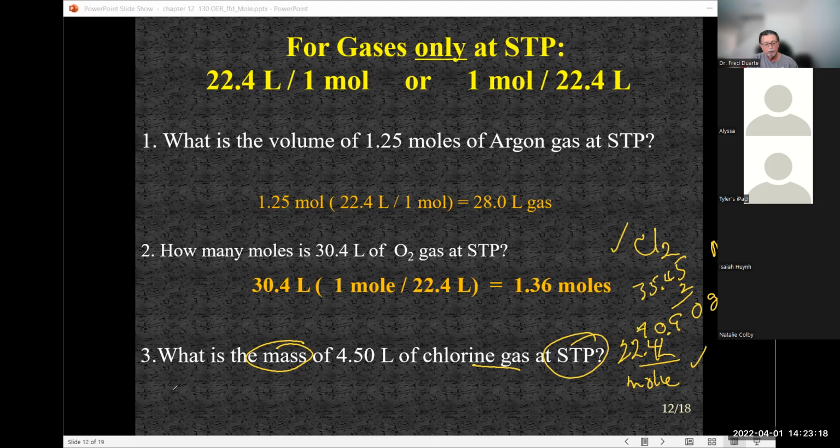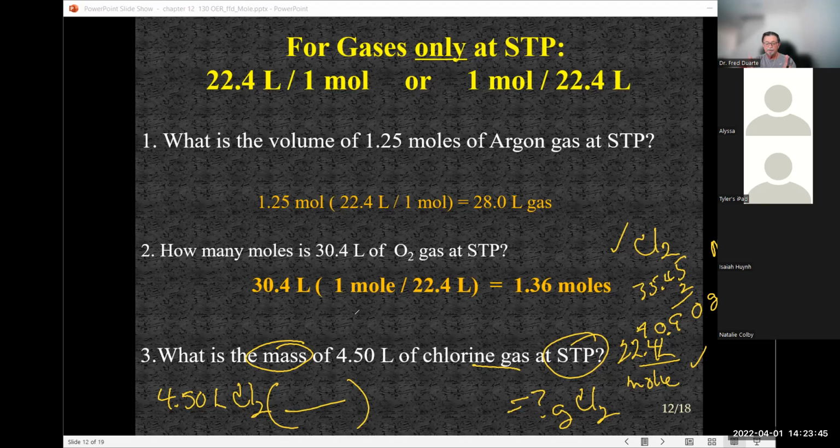So let's write down what we're given: 4.50 liters of chlorine gas. What are we looking for? We will need to calculate the mass of chlorine gas at STP. All right, so we have liters here. In the case I showed earlier, where I had atoms, I had to go through moles. Well, if you have liters, to get anywhere else you have to go through moles.